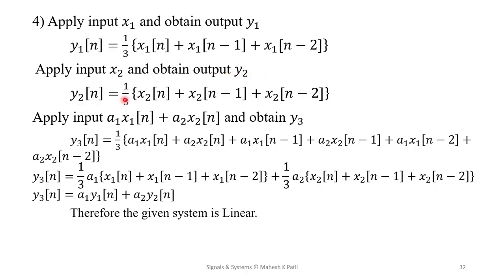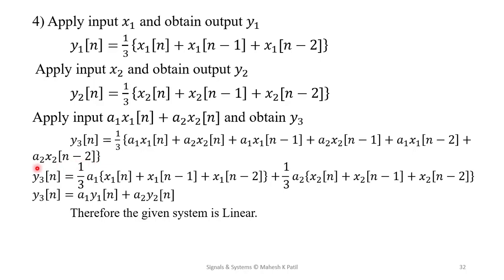So y2 of n is equal to 1 by 3 in bracket x2 of n plus x2 of n minus 1 plus x2 of n minus 2. Now apply the combined input, that is a1 x1 of n plus a2 x2 of n, and obtain y3. So y3 of n equal to 1 by 3 in bracket a1 x1 of n plus a2 x2 of n plus a1 x1 of n minus 1 plus a2 x2 of n minus 1 plus a1 x1 of n minus 2 plus a2 x2 of n minus 2.